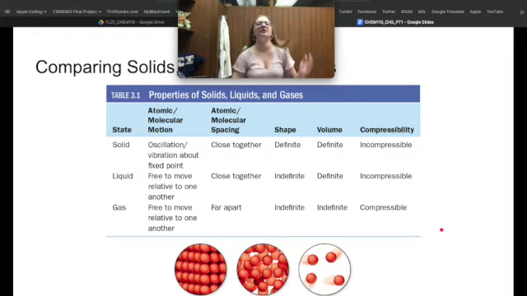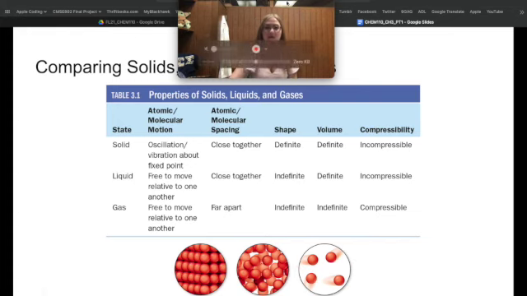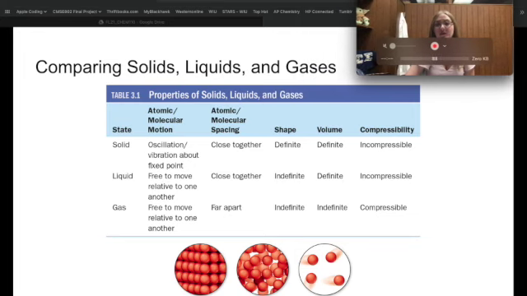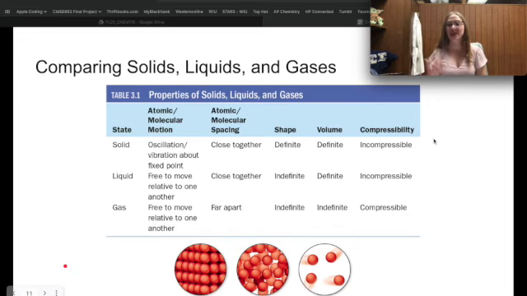Again, we can make a summary comparison here, and it's easy to see the difference in the placements of the molecules and atoms in the pictures down here. So this is a good slide to review if you want to triple check your understanding of the states of matter. You should definitely keep an eye on this chart and be able to look at a picture like this and match it up to whether it's a solid, liquid, or gas.